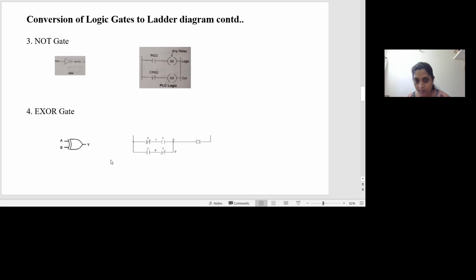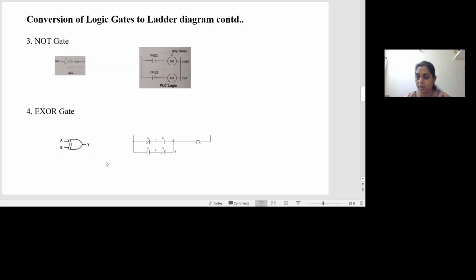Keeping that equation in mind, we can write a ladder diagram for the XOR gate. I'll repeat, the output of XOR is given by Y equal to A bar B plus A B bar. In that equation, we have two terms.